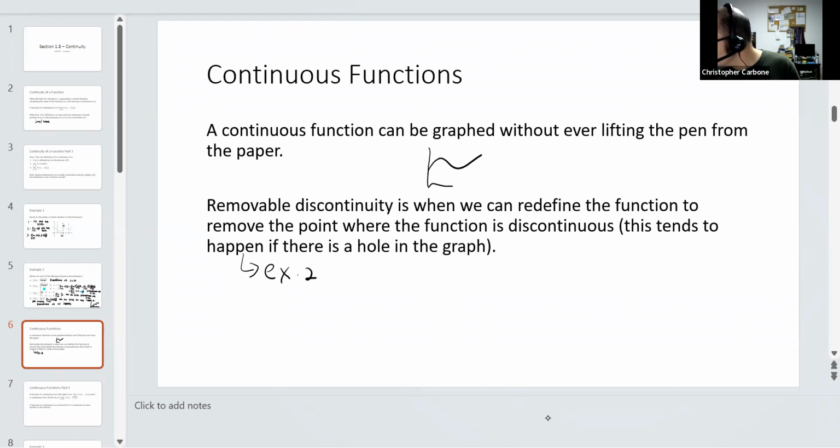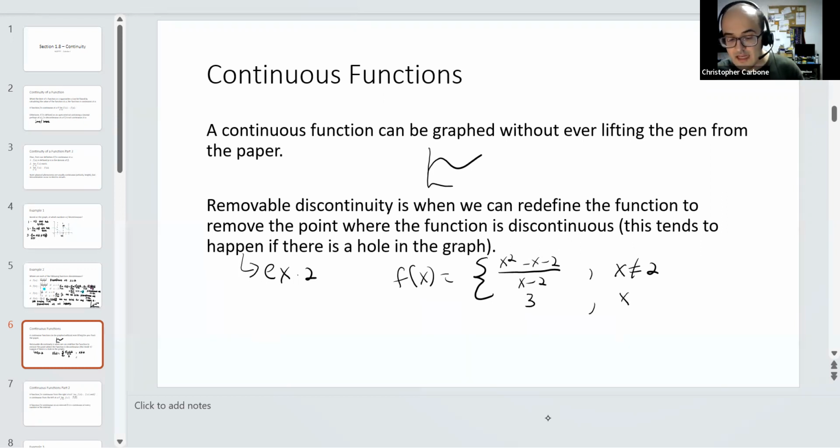But if we had used the value of the function to be something like this: f of x would be equal to x squared minus x minus 2 divided by x minus 2 for values of x not 2. But if we give it a function value of 3 like we found in part B, when x is 2, this would be an example of a removable discontinuity.